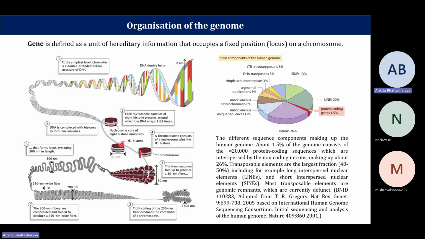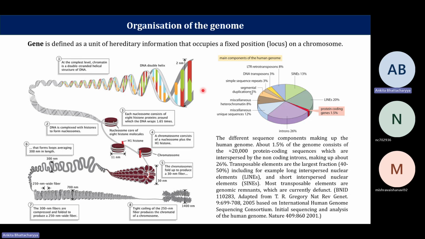This arrangement usually occurs in a solenoidal fashion, following which there is further packaging, which forms these loops around 300 nanometer length that undergoes extensive packaging, finally forming the chromatid of a chromosome, which has a 250 nanometer individual fiber and approximately 1400 nanometer total width of a chromosome. So this is the amount of packaging it has undergone, so that meters and meters of DNA can be packaged into such a small portion.